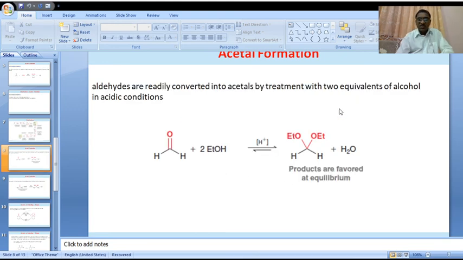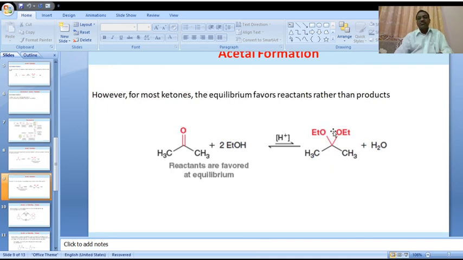But in the last reaction, the equilibrium favors the product side. Products are favored at equilibrium. Okay, is it clear? Water molecule.